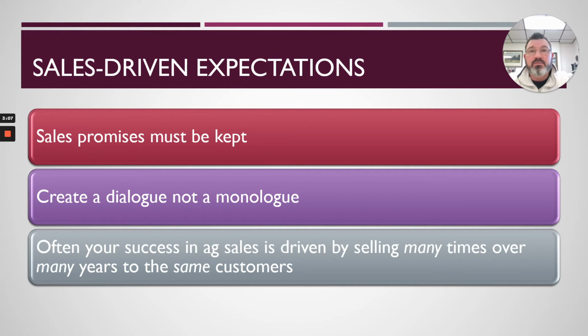The buyer-seller relationship that we have in agriculture is often a longer-term type relationship. And you don't want it to be a situation where you come and talk at them as to what they need, what they should do, how they should change, how they should do better, what kind of products they should buy, and how they should operate it. You want to have a dialogue with them.